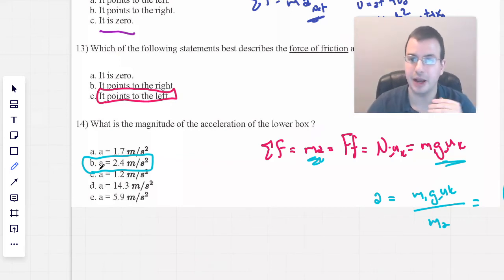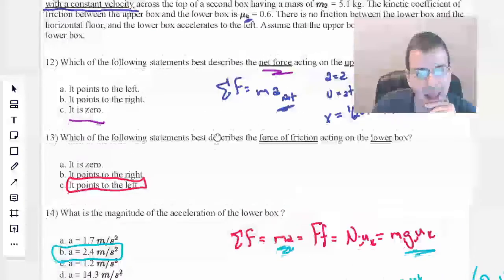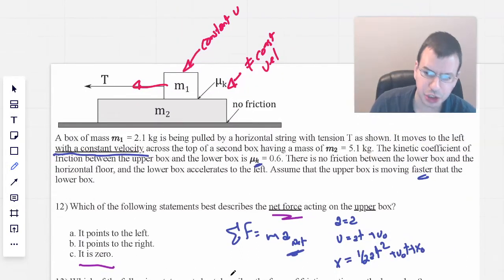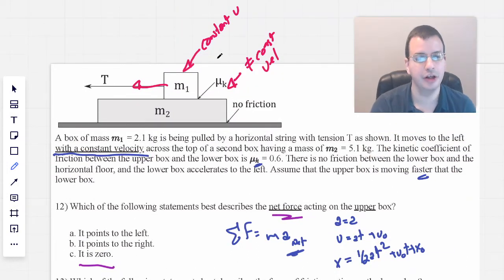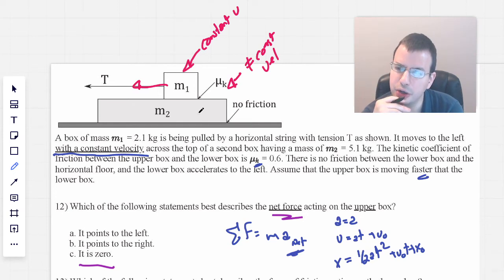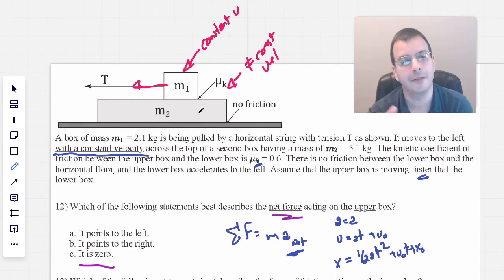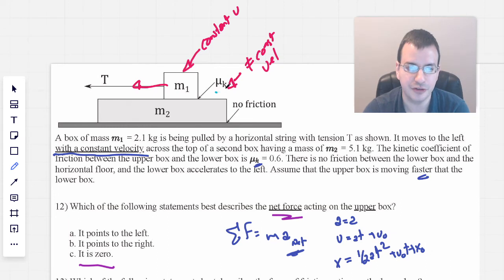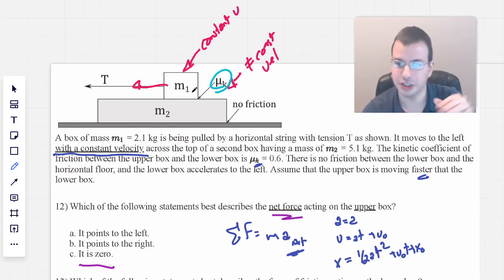So let's look back at what we did. We had two boxes, one moving on top of the other. The top one is moving at constant velocity. M2 is moving initially at a slower velocity, but it's now accelerating along with M1 due to friction. This friction is caused by a normal force and a coefficient of friction, mu k, from M1, and it's moving along a frictionless plane.